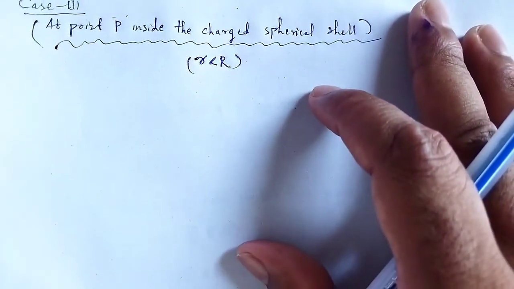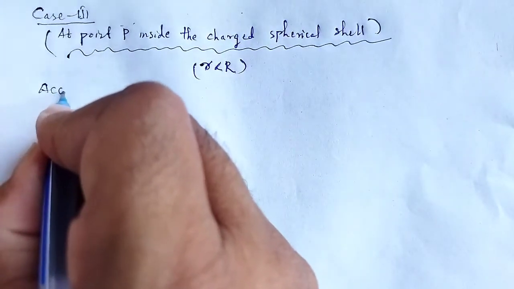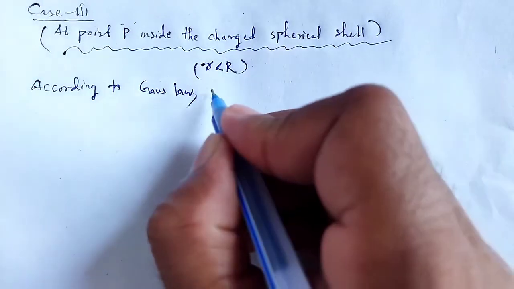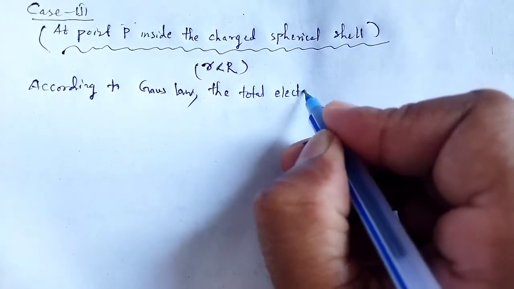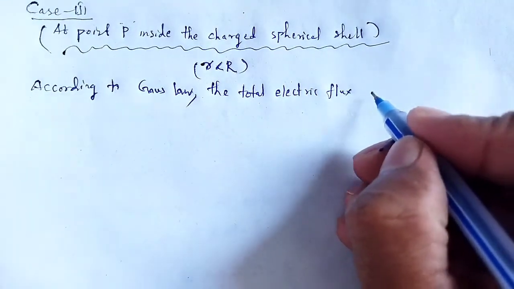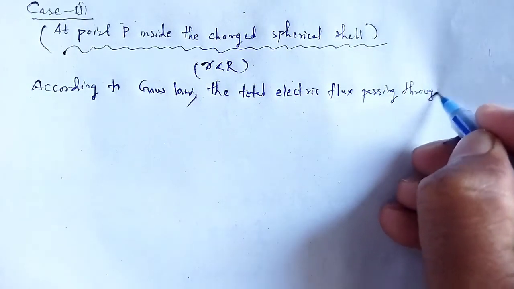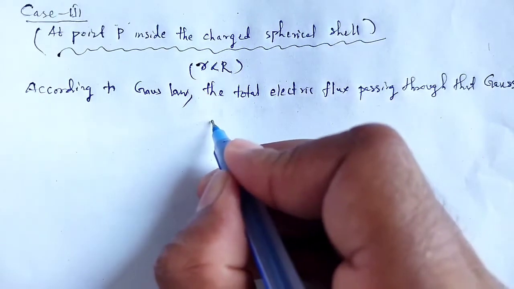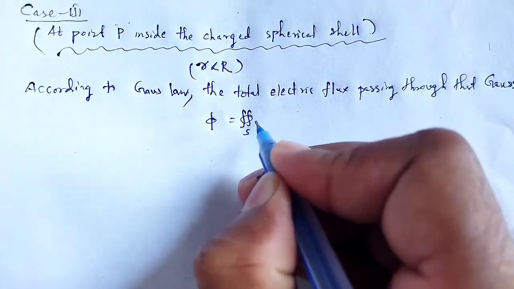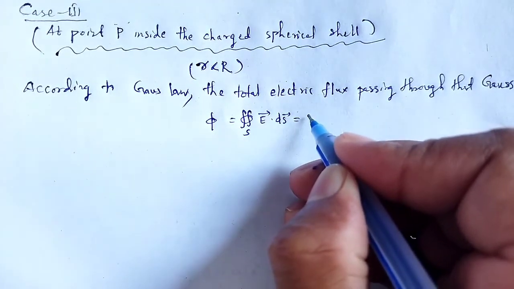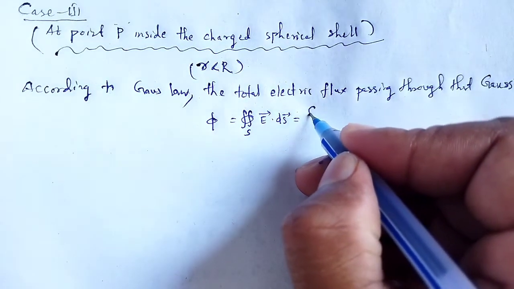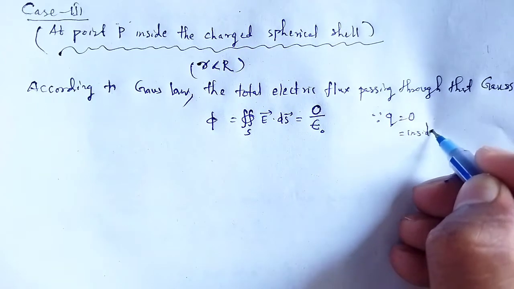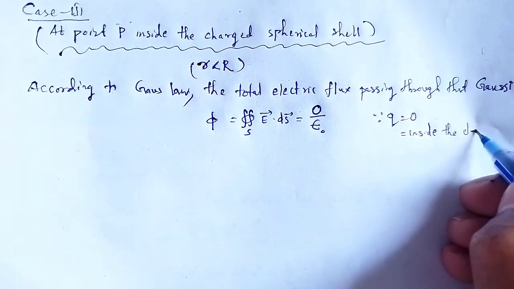So according to Gauss law, the total electric flux passing through the Gaussian surface, that is phi, is equal to the closed surface integration over E dot ds, equal to the charge enclosed divided by epsilon naught, where q is equal to 0 inside the closed surface.